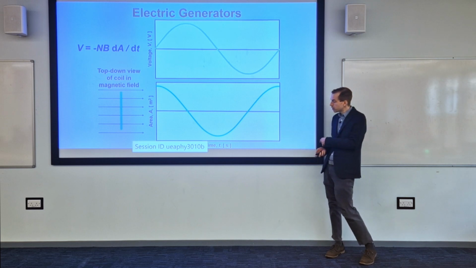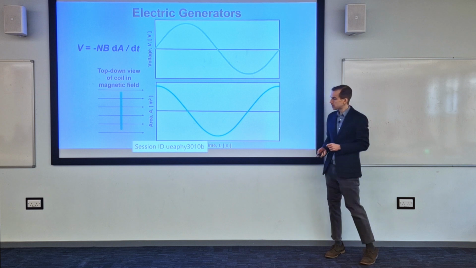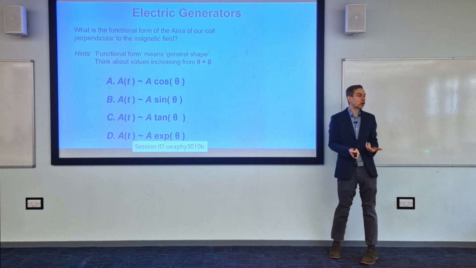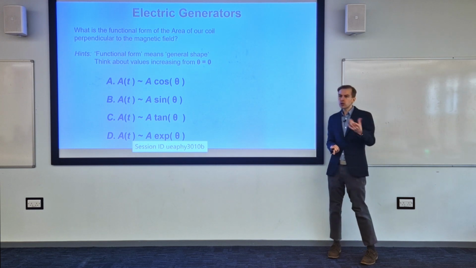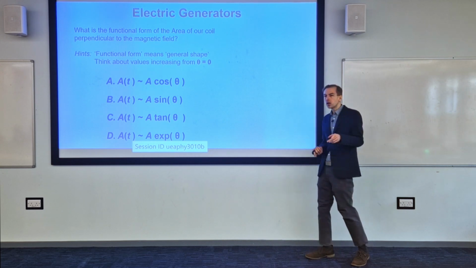So I've got a question to get everybody thinking about this. If we're thinking about this area versus time graph here, what would we say is the functional form of the area versus time? Now, has anybody heard this term functional form before in terms of describing relationships? Okay, so just a couple.